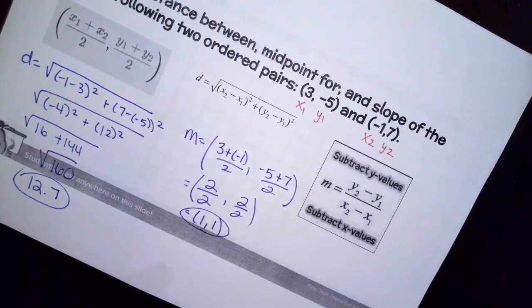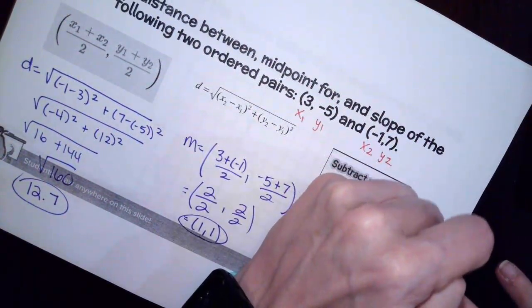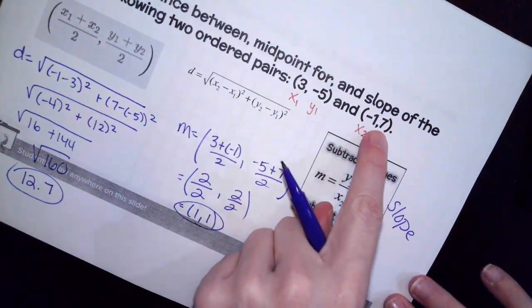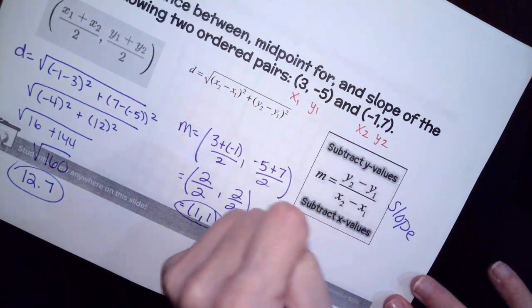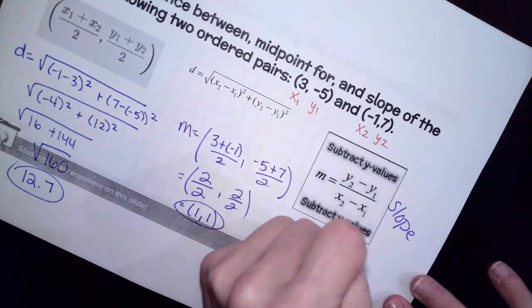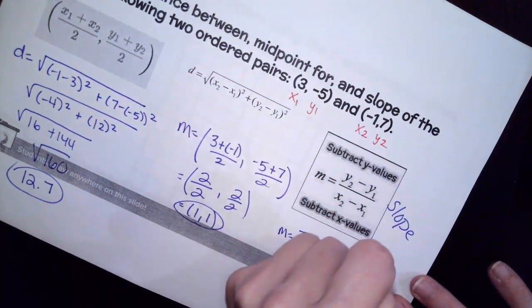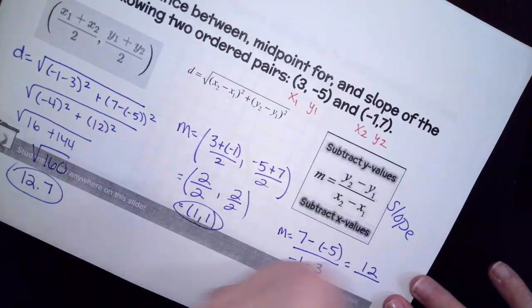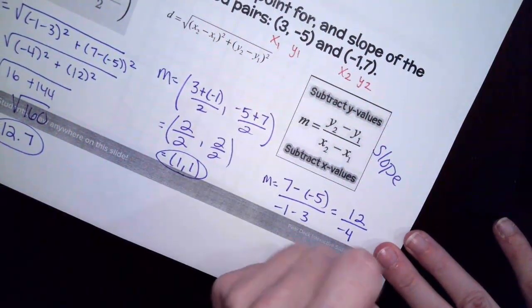Okay. Now I have to do the slope. This is your slope right here. Slope formula. So y2 minus y1 over x2 minus x1. So 7 minus negative 5 over negative 1 minus 3. So that gives you 12 over negative 4. And that becomes negative 3 over 1.